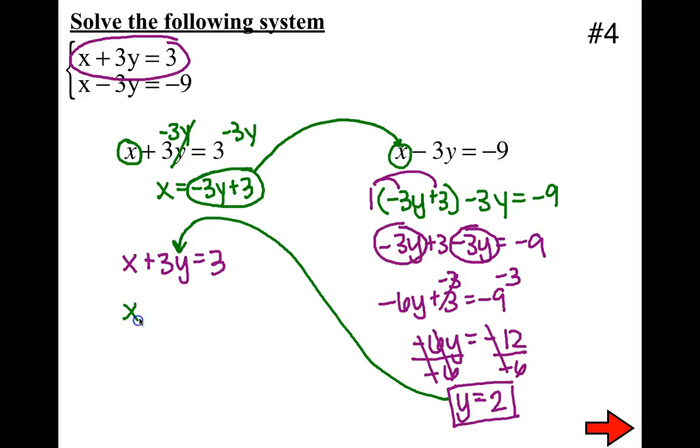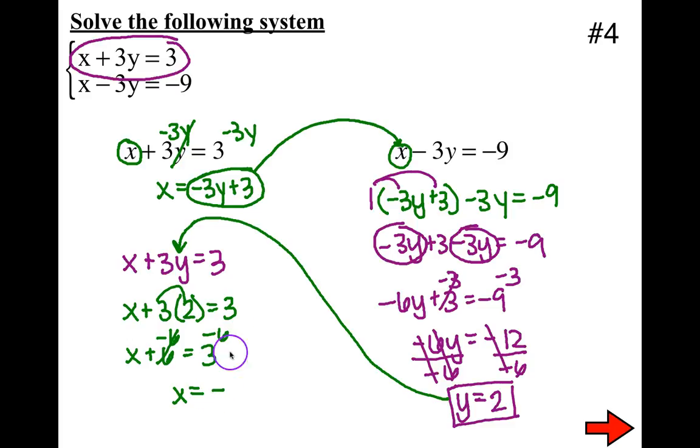So now I have x plus 3 times the quantity, which in this case is just 2, equals 3, which leaves me now with x plus 6 equals 3. We're going to get rid of the constant by subtracting 6 from both sides, which leaves me with x equals, again, be very careful, are there more negatives or positives?